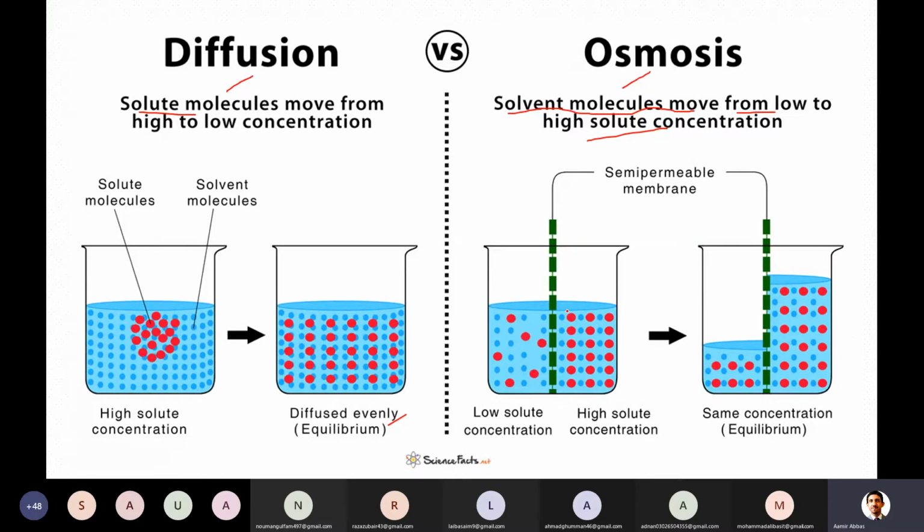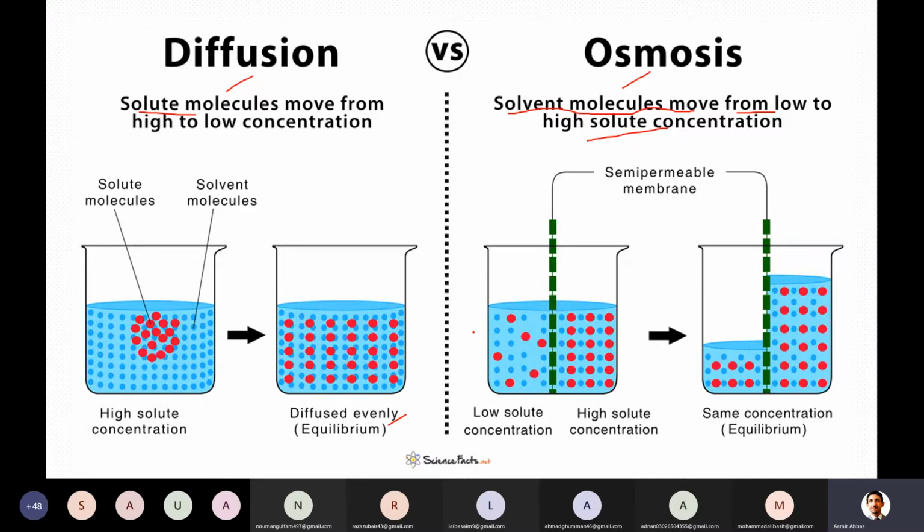And you know what semi-permeable means: a membrane which allows some species to pass through and restricts other species. Here we are taking a membrane which allows solvent molecules to pass through and does not allow solute molecules to pass, or only a very small movement, a few molecules of the solute, can move through the membrane to the other side.